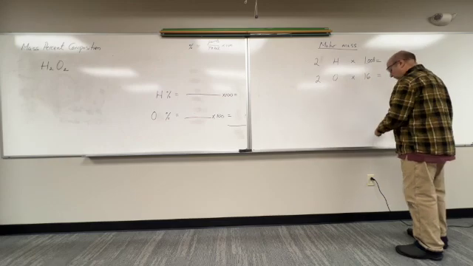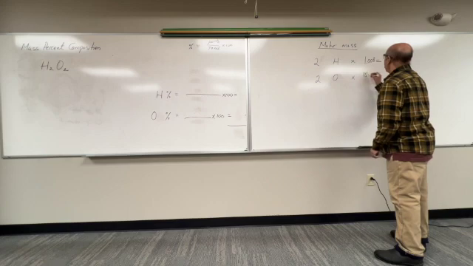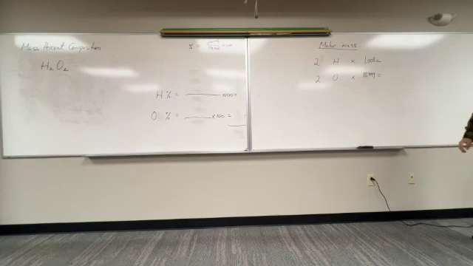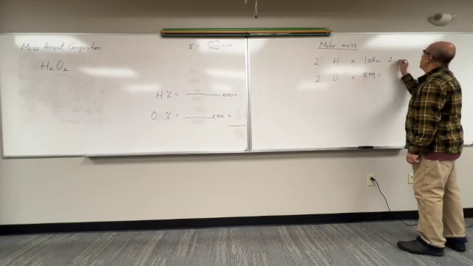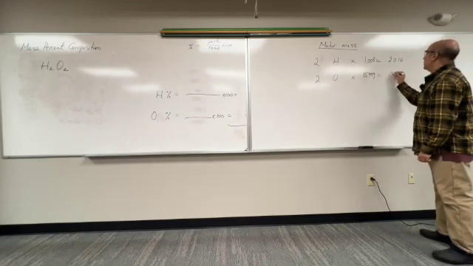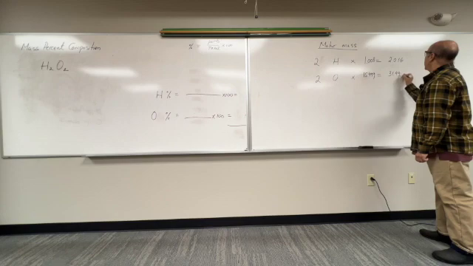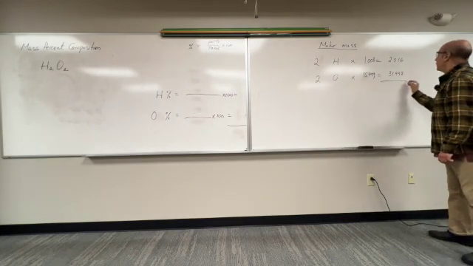1.008, 15.999. Why not? It's an easier one. Just so that you know that rounding off doesn't take you too far away from the real calculation. Great. So now we just do the math. 2 times 1.008 is going to be 2.016. This one is going to be 31.998.